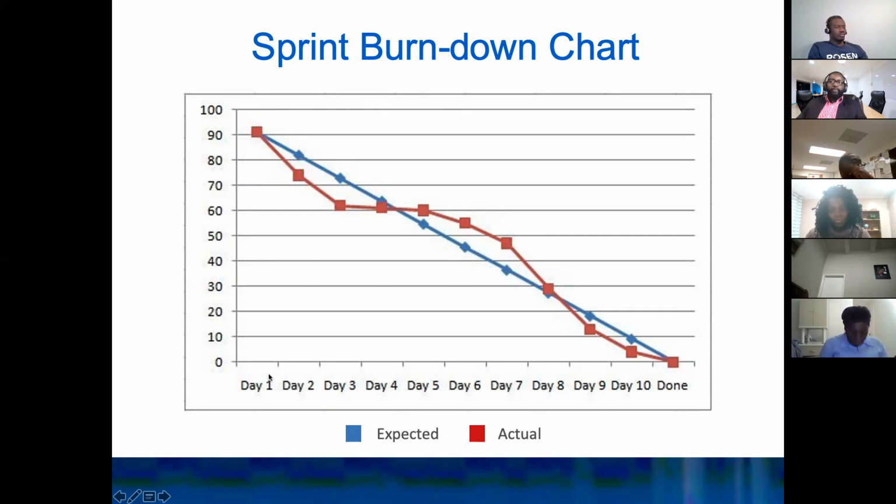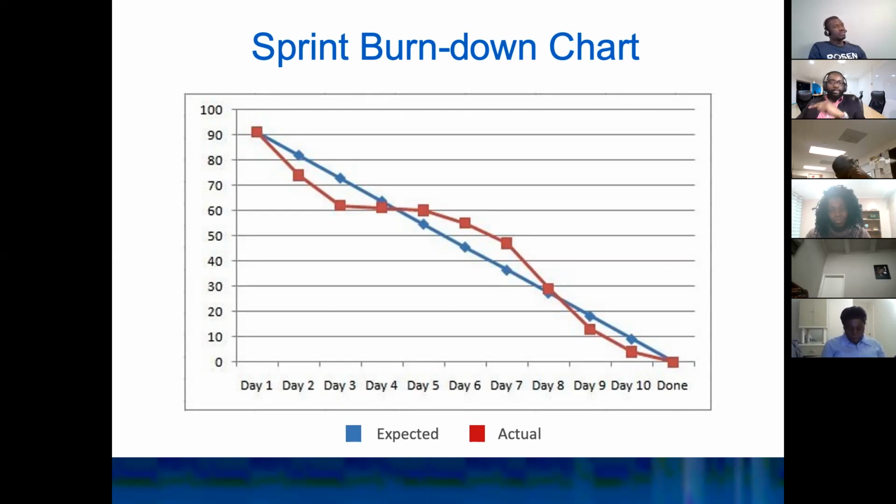That's why on day one, when they start, they have 90 points to complete. And then maybe on day two, you can see that they have maybe 75 points left. It means that they completed 15 points, right? That's what I was telling you.